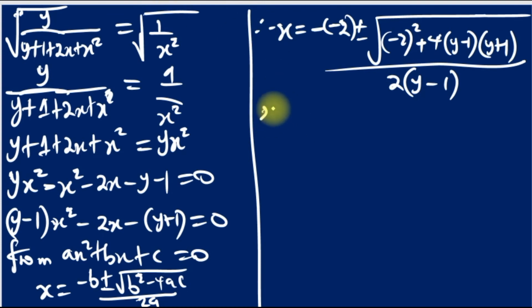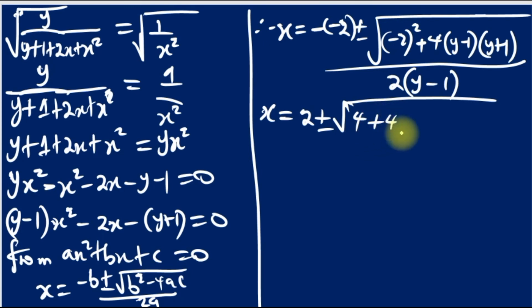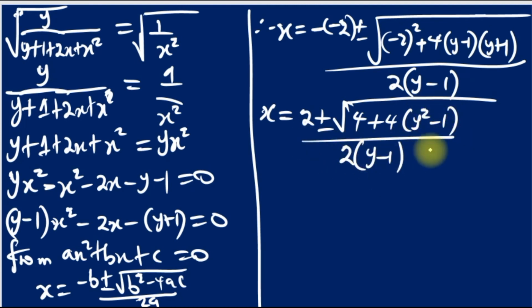So which is this, 2 plus or minus the square root of 4 plus 4, this difference of 2 squared, which is y squared minus 1, over 2(y minus 1). And looking at this, we can factor 4.